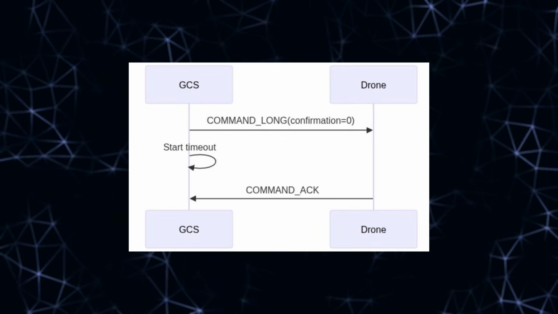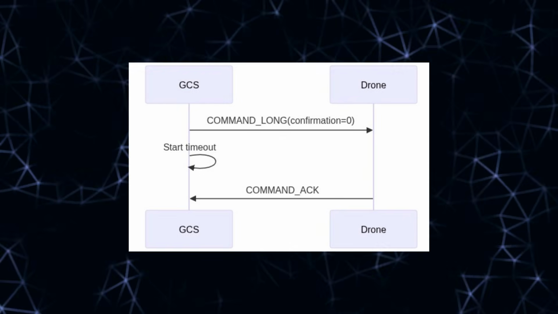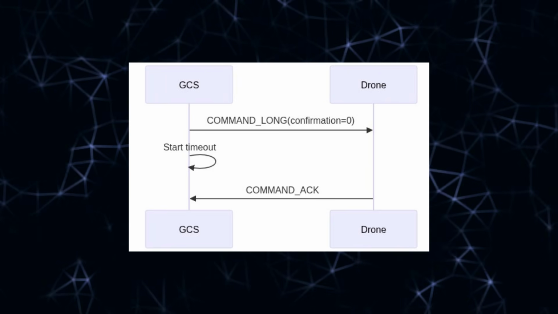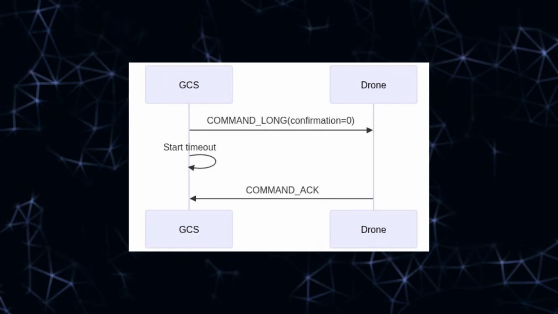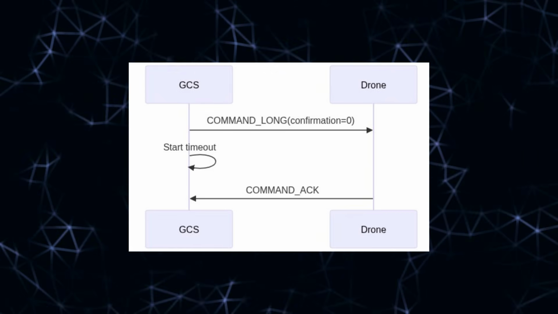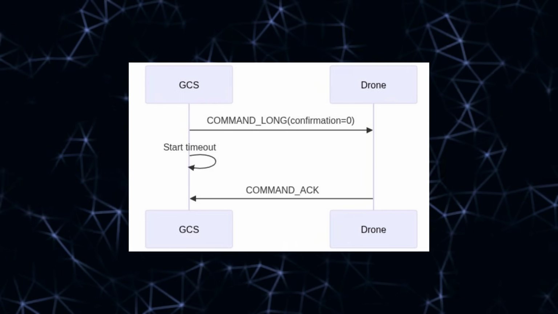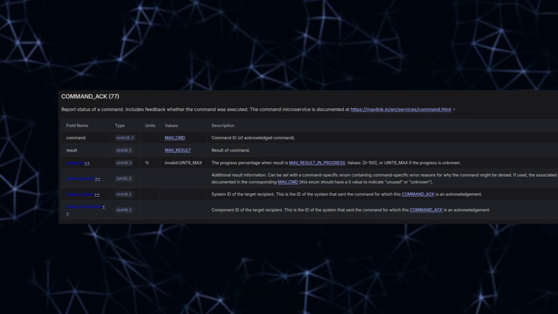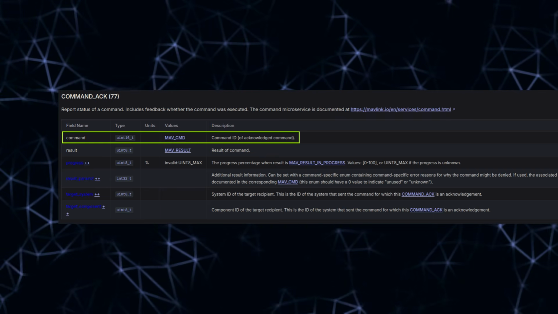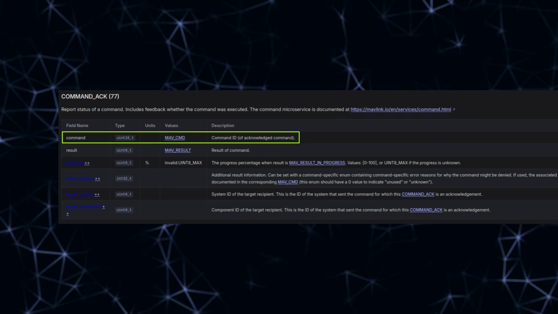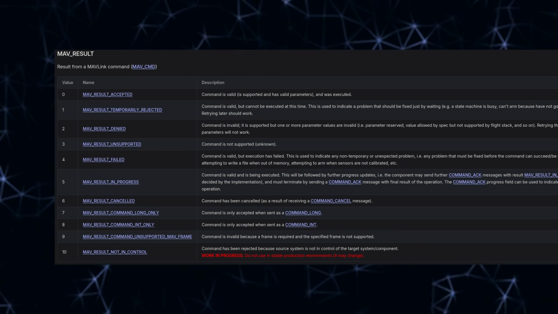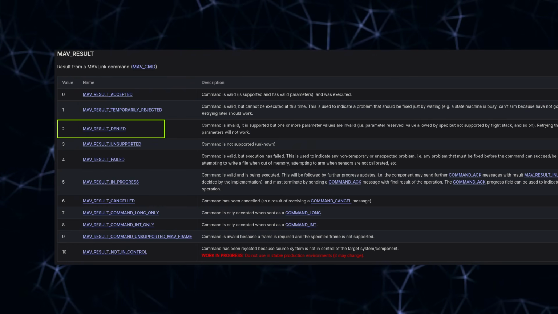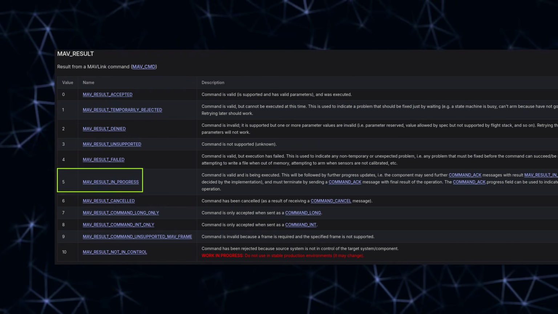Every time a command long or int message is sent, the vehicle responds with a command ACK message. This is used to inform the GCS that the command has been received. Furthermore, it informs the GCS whether the command was accepted, invalid or failed. It contains 6 fields. Command is the ID of the command that was sent through the command long message. Result contains the values from the MAV_RESULT enum and specifies whether the command was accepted, invalid, unsupported, failed or is in progress.